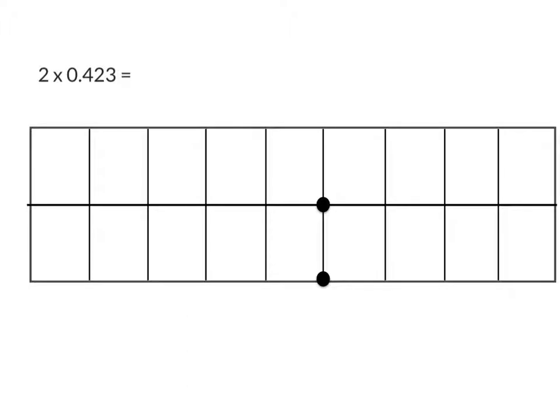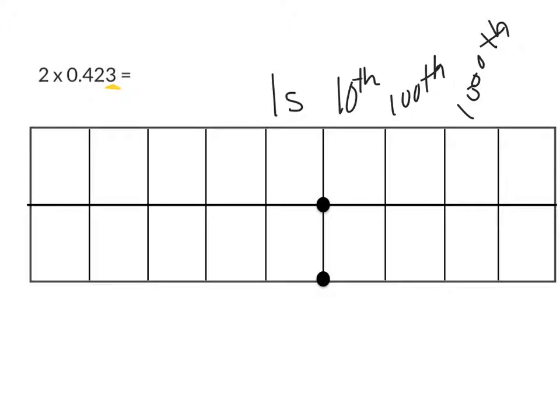We'll go ahead and try this again with a number that's a little bit larger. I'll begin by, again, labeling my place value chart, and here's my ones place, my tenths place, my hundredths place, and this time I see that I have a digit in my thousandths place, so I will label that as well. Now, in my tenths place, I have a 4.